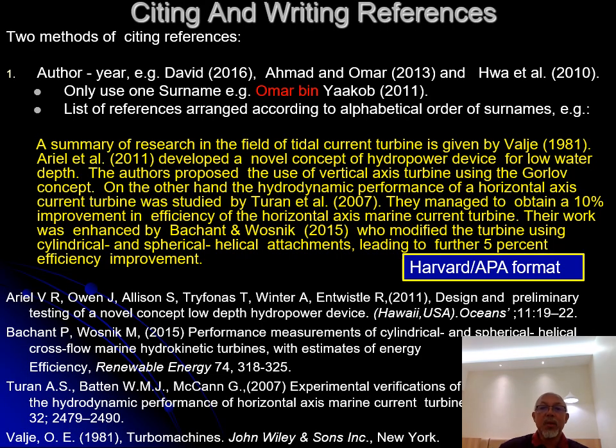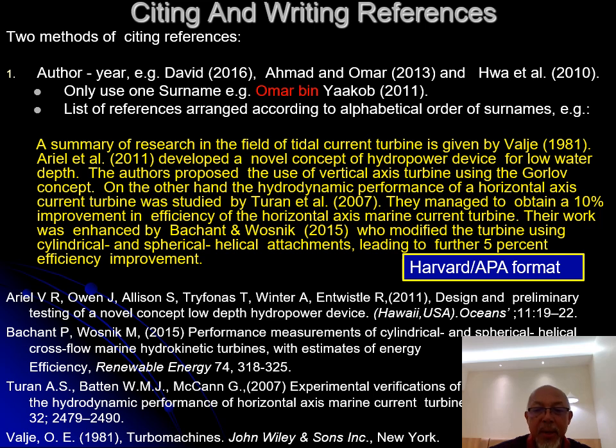Right. Now we go to citing and writing references. I think most of you are already aware of this, but I'll give a very simple example. There are essentially two methods. The detail, you have to go to the actual style. We call it style, Harvard or format, style or format.